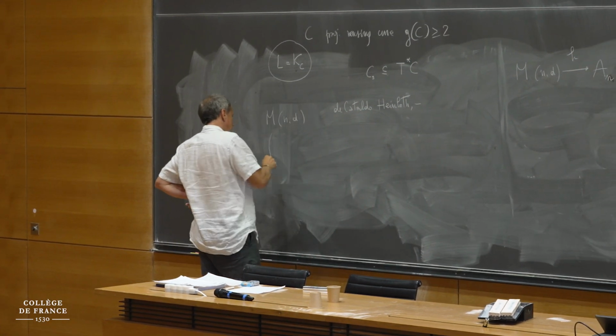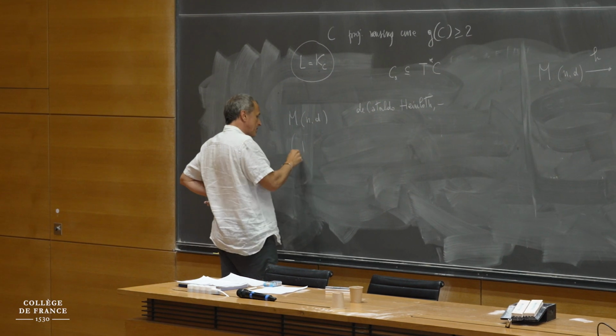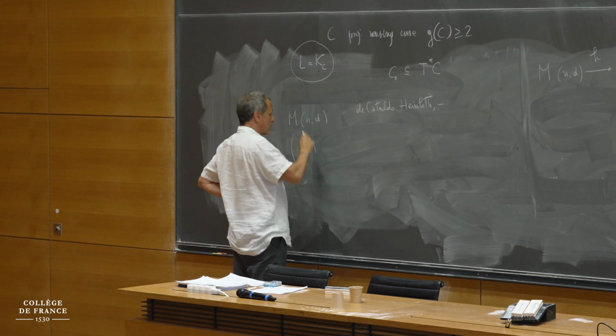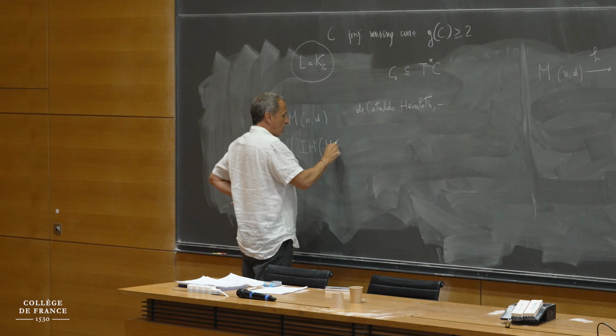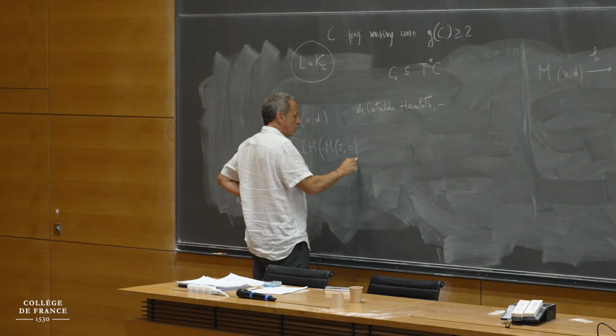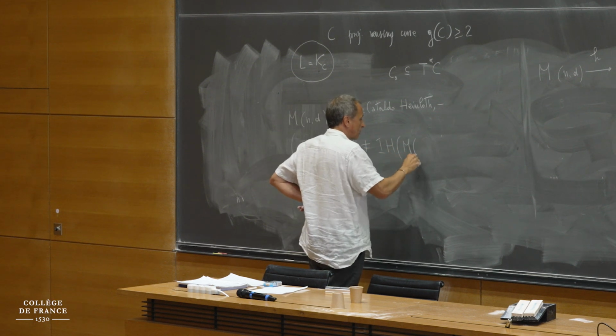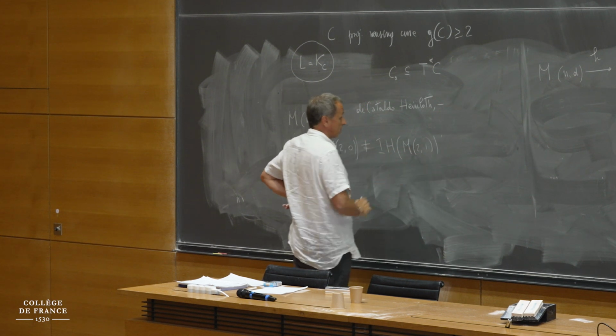For example, the intersection cohomology of the moduli space of rank 2 and degree 0 is different from the intersection cohomology of rank 2 and degree 1.